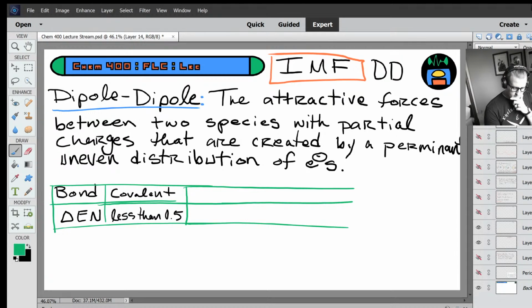We said an ionic bond is created when you have a bond forming between two atoms whose difference in electronegativity was greater than 2.0.